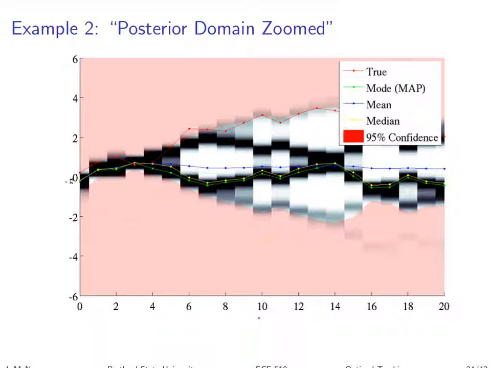Well, this is just zooming in, and honestly, I forgot why I zoomed in. There is a mode we can see down here that's going off into a zone where it's becoming less and less probable. It's possible the state is down there, but this is inconsistent with that process model. And this goes back to the difference between having an alpha of 1 and an alpha that's slightly less than 1.